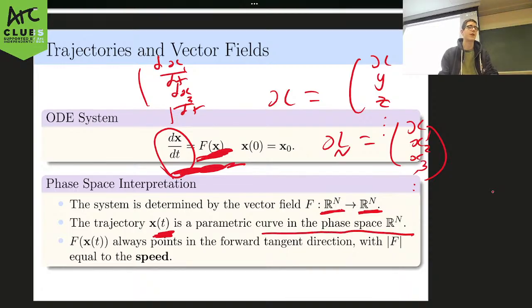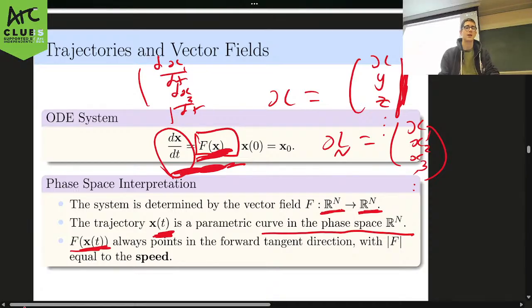So hopefully you remember your phase diagrams. That's when we draw out all these different components, our x, y, z. And then solutions to that would be going in the directions of our arrows at each of those points in that space, right? So if we plug in our position, it always points in the direction of the speed, assuming that we have an equation like this, where the right-hand side is independent of time and only depends on our position.